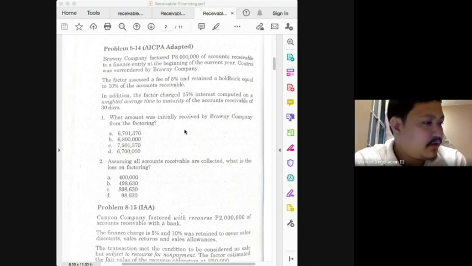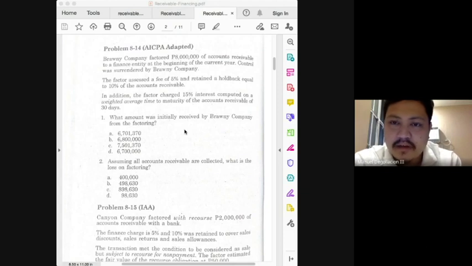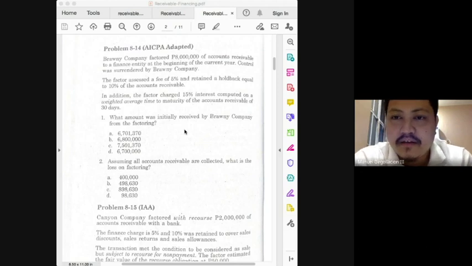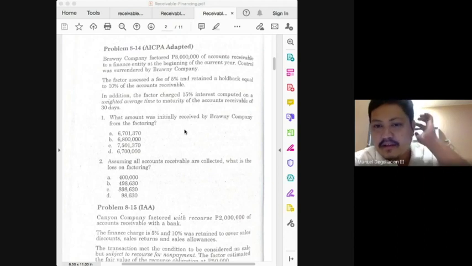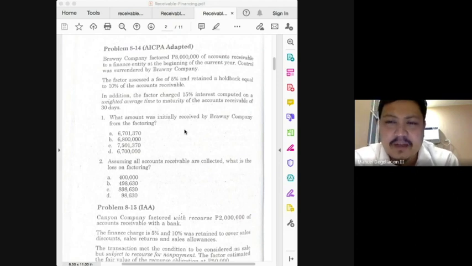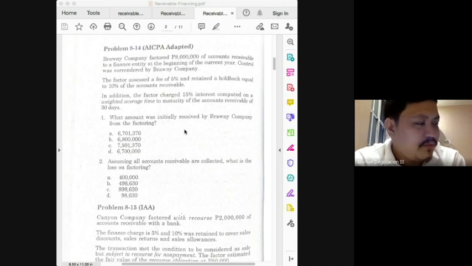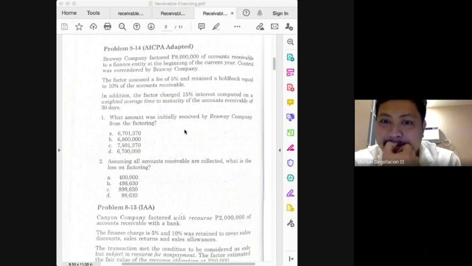Okay, I don't have a calculator right now, but all in all, after deducting 400,000 factor's fee and 10% holdback and plus the 30-day interest, the net cash proceeds in this problem would be 6,701,370.